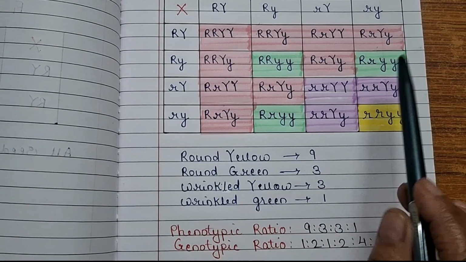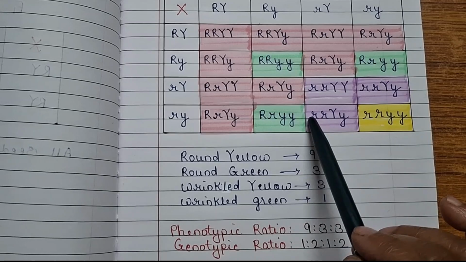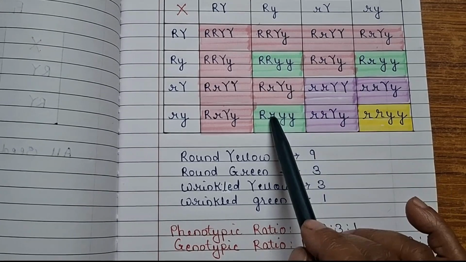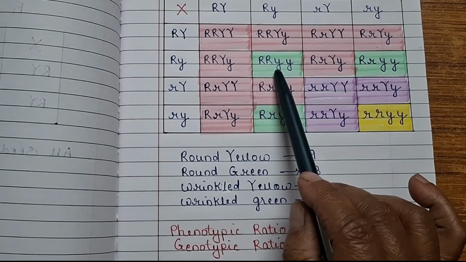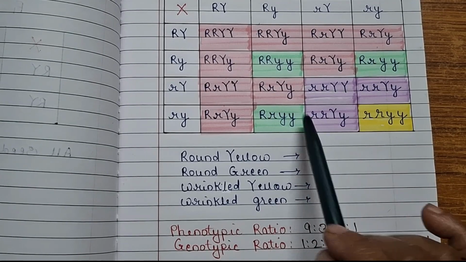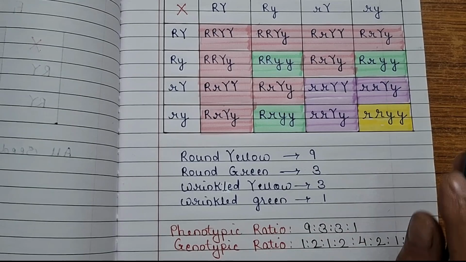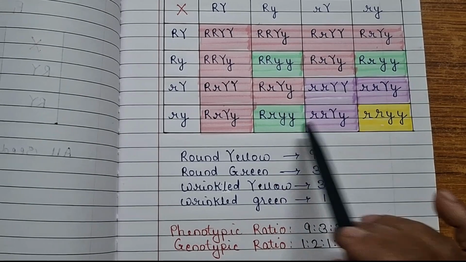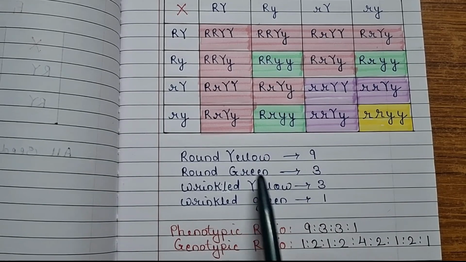The next ones shaded in green color are round and green. We have capital R in all these 3 blocks, and both the Y are small, means green. So these 3 seeds are round and green.